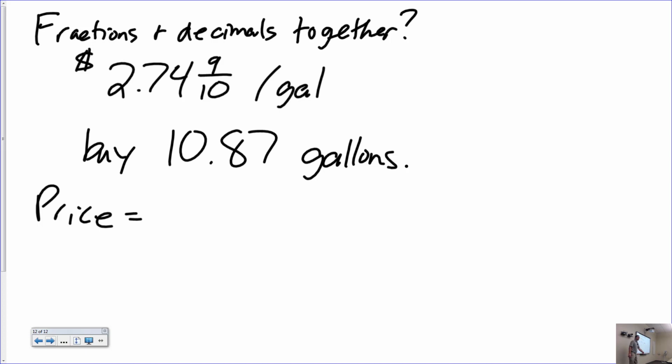The way the gas station calculates the price is it's not 2.74. They just take 9/10 and slap that onto the end of the decimal. So what is 9/10 written as a decimal? 0.9, right? So just take that 9 and slap it on the end of the 274. So this will really be 2.749 times the number of gallons that you purchased.